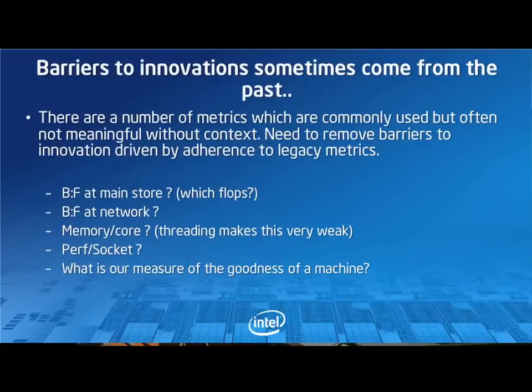So we've talked about the B to F ratio for memory, but the same argument can be applied to networks. And here there's a very precious resource in the network, and there is also this proliferation of cores and memory and the performance per socket. Can we trade that off?